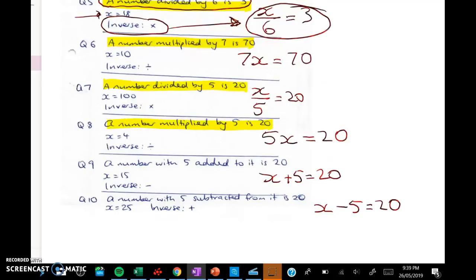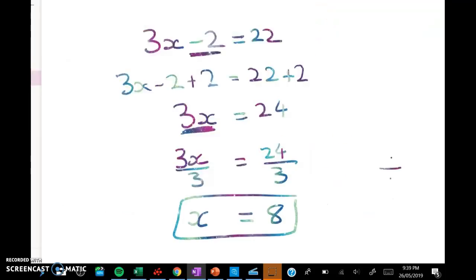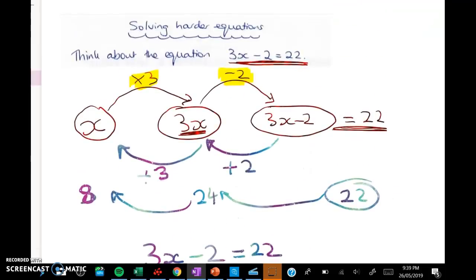Right, so the goal is that we need to get really good at linking up words with equations, knowing what a solution is, and knowing how to keep an equation balanced. Then from this slide, I want you to have in your book the 3x minus 2 equals 22, and this bubble diagram, just one of them.